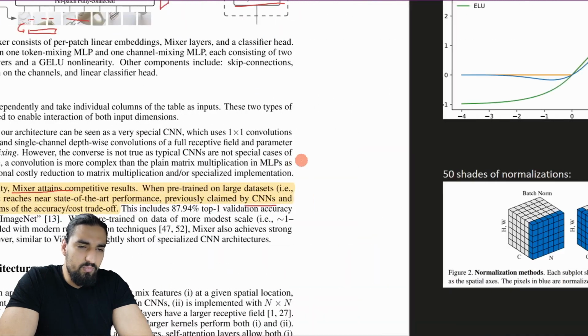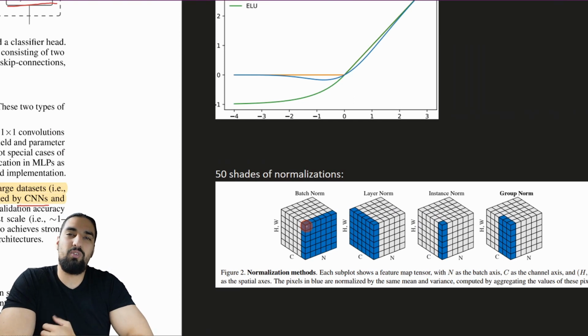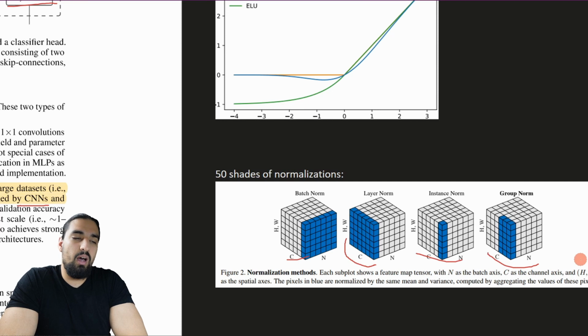Second thing is, we keep on using these normalizations again without any particular reason. At least I don't see it. So why are we using layer norm and not batch norm or instance normalization or group norm?